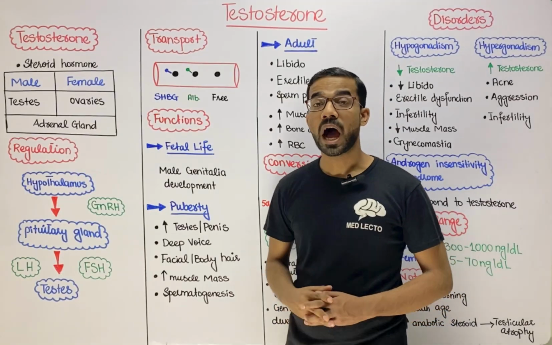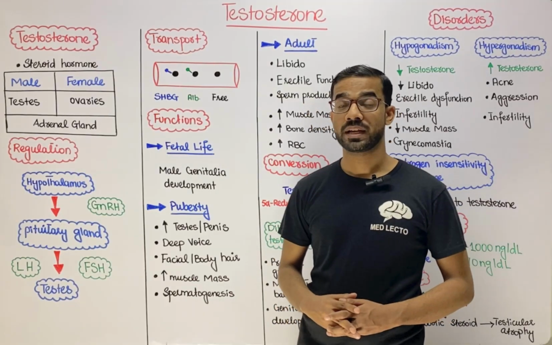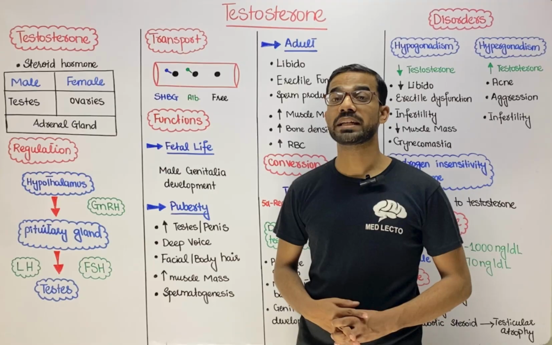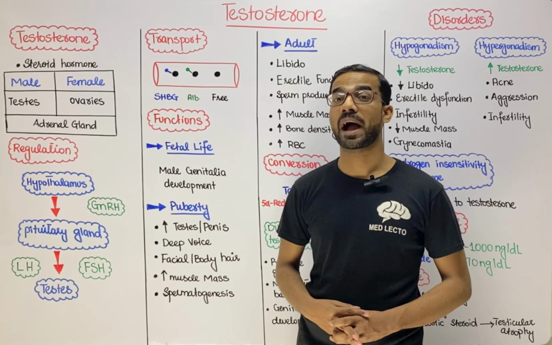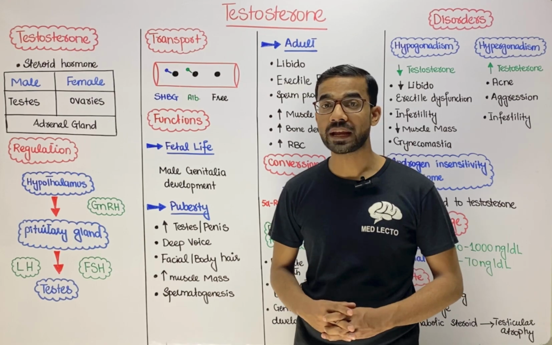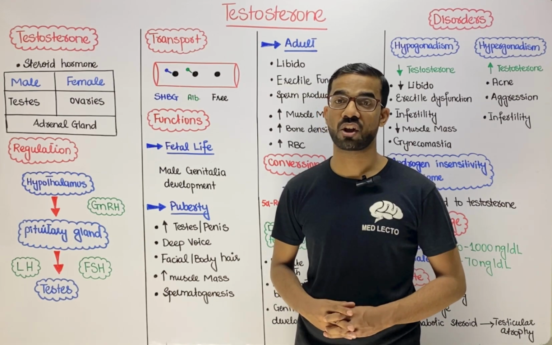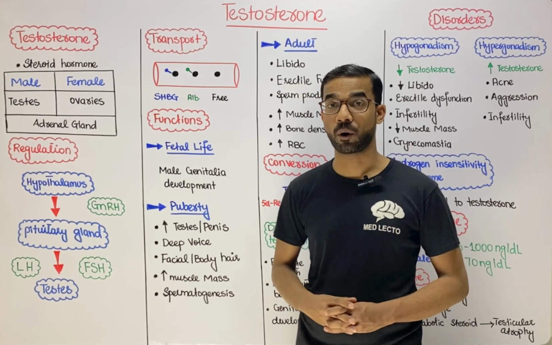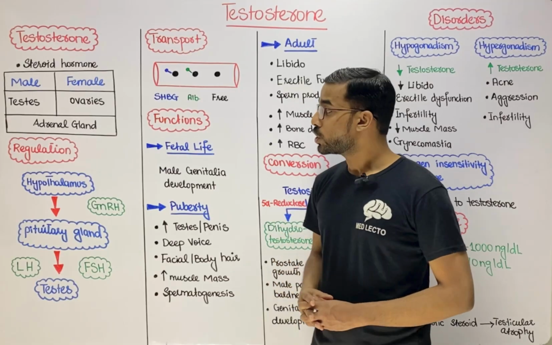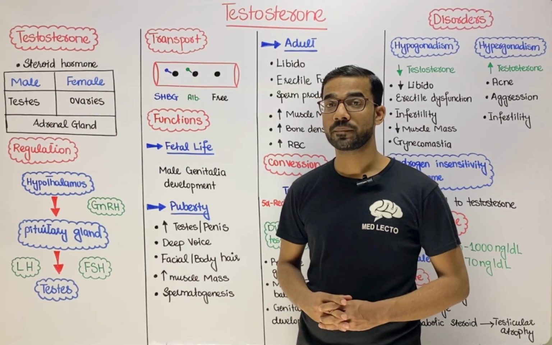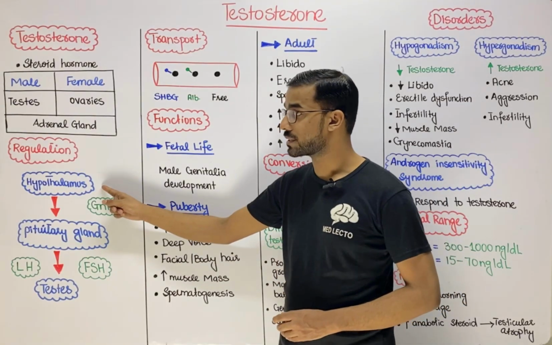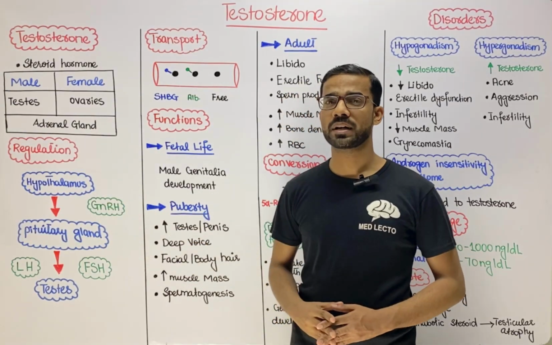Next, how is testosterone secretion regulated inside your body? It is regulated by your brain. Your brain controls the secretion of testosterone inside your body. But how? The first and most important part of the brain is the hypothalamus.